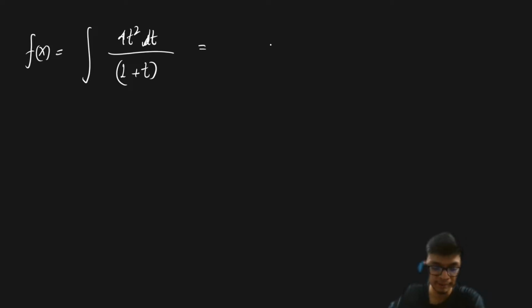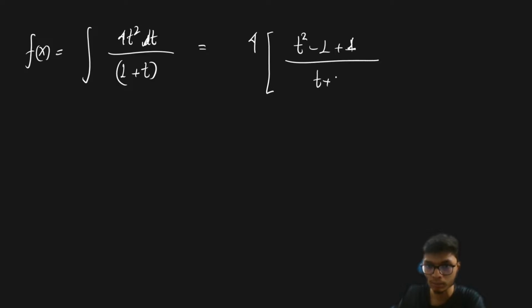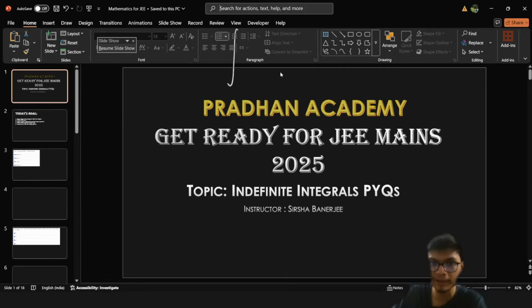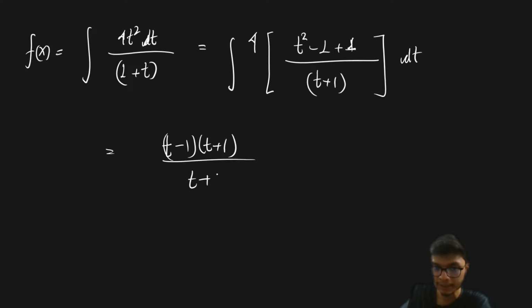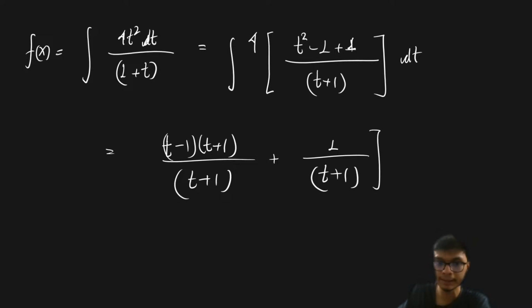So what I'm going to do over here is apply a trick, right? I can write this t square as t square minus 1 plus 1. Why I'm doing this, you will understand: I will factorize t square minus 1, and we can write this as (t minus 1) into (t plus 1) divided by (t plus 1), plus 1 upon (t plus 1), and then it is the integral of this fraction, right?